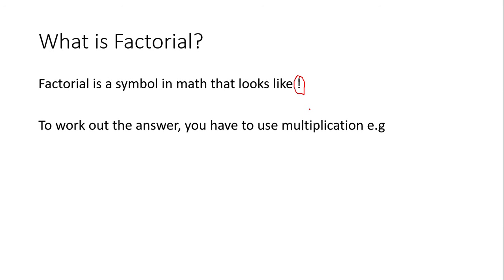Factorial is a symbol in math that looks like an exclamation mark. To work out the answer, you have to use multiplication. For example, n factorial equals 1 times 2 times 3, until you reach the number n, which is the same number here.